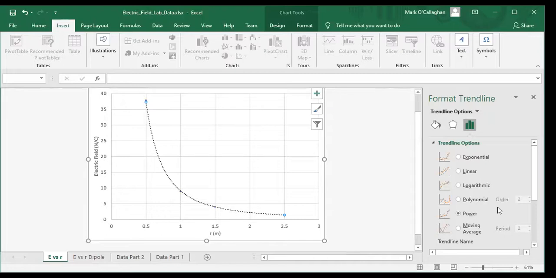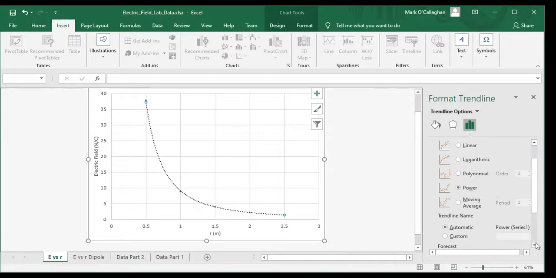Well, you actually expect the electric field to be proportional to r to the -2, right? Because it's kq over r squared, and 1 over r squared is the same as r to the -2. So with your power curve, you would expect some sort of a constant times r to the -2. So I'm going to select power this time, not linear.